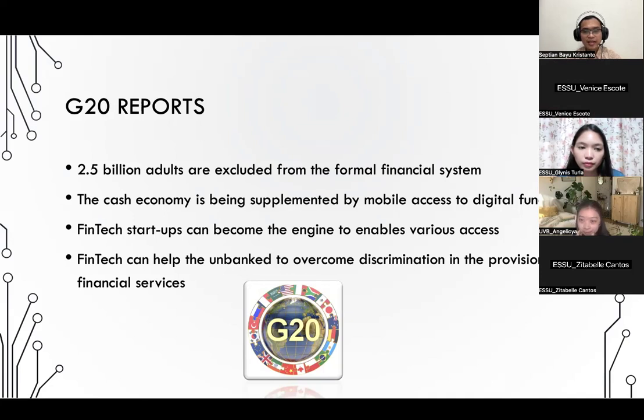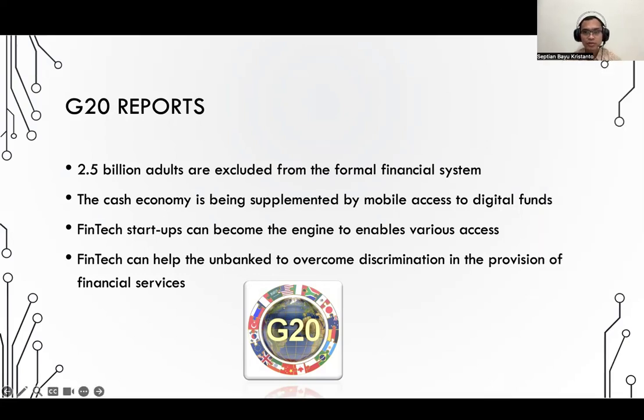And then to combine this information, we have the cash economy. The cash economy is trading activity using real money, or cash. But now, after 2020, we have supplementation using mobile access on your digital phones.